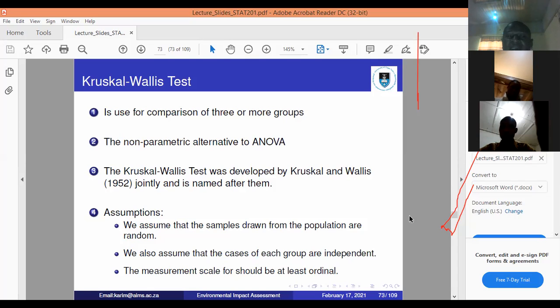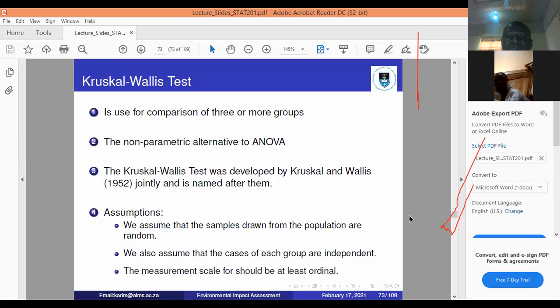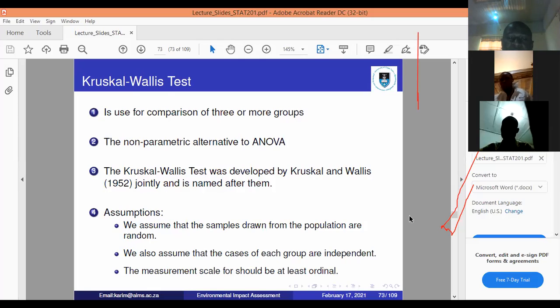And this is a non-parametric test alternative to the ANOVA. You have not done analysis of variance, so when you get there, you will know what it is. We are just giving a brief history about the test, who developed it. It was developed in 1952, and it was named after them.